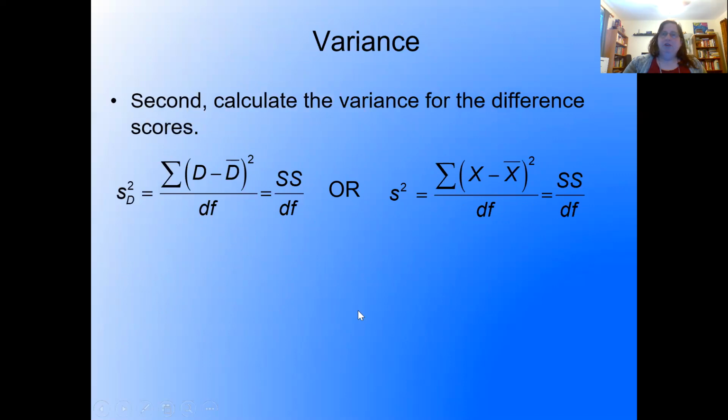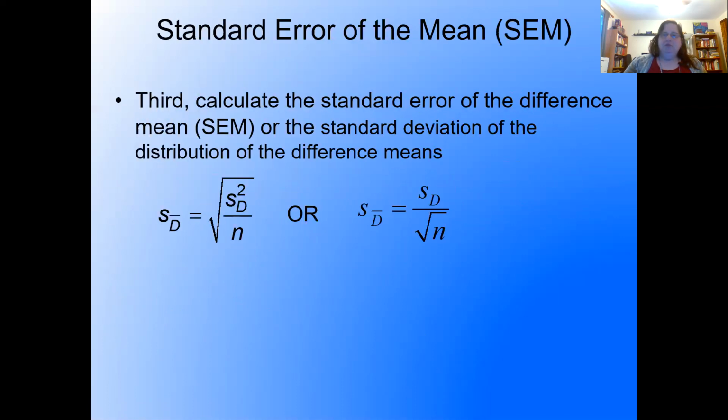If you are given S squared, or S squared D, or S of D bar, you can skip steps 1 and 2, move right on to 3. Move right on to calculating your standard error.